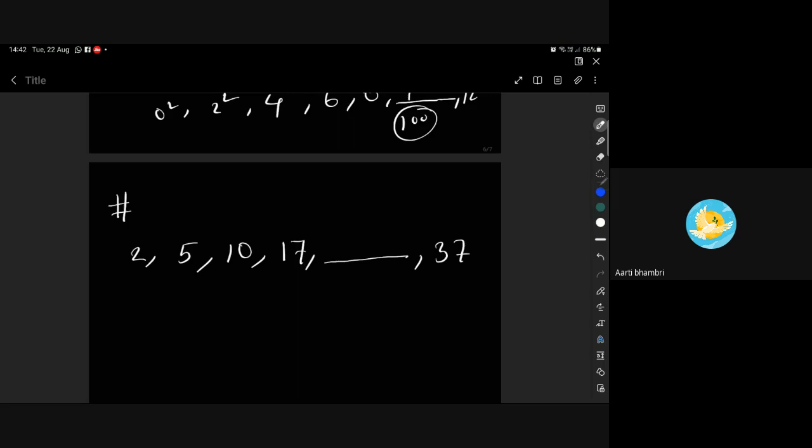Now try to solve this one. And I'll give you the hint. This is the pattern of n square plus 1 series.